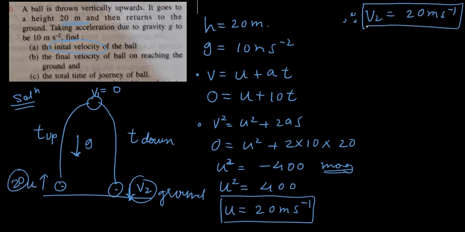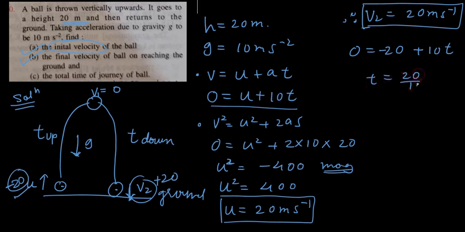As mentioned before, the signs will be opposite. If I call this negative 20, this will be positive 20. So I got my initial velocity, I got my final velocity. Now we need to calculate the time. So here I can use this value. So 0 is equal to 20 plus 10 into t. Here I have taken this as negative, so I can call this negative, and therefore t will be 20 by 10, t will be 2 seconds.